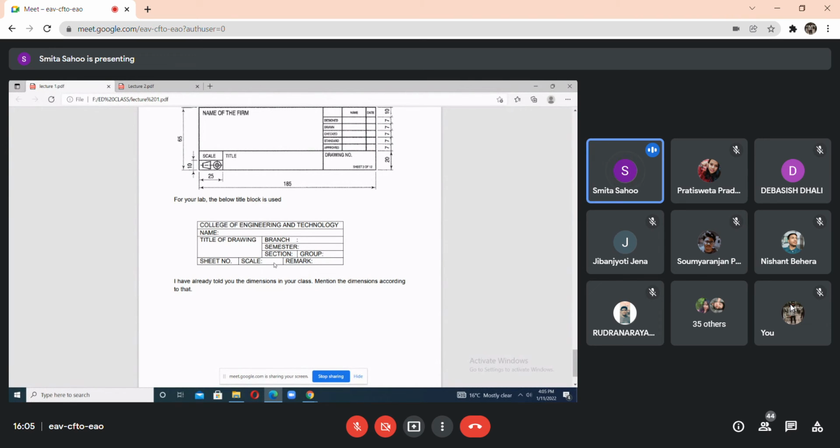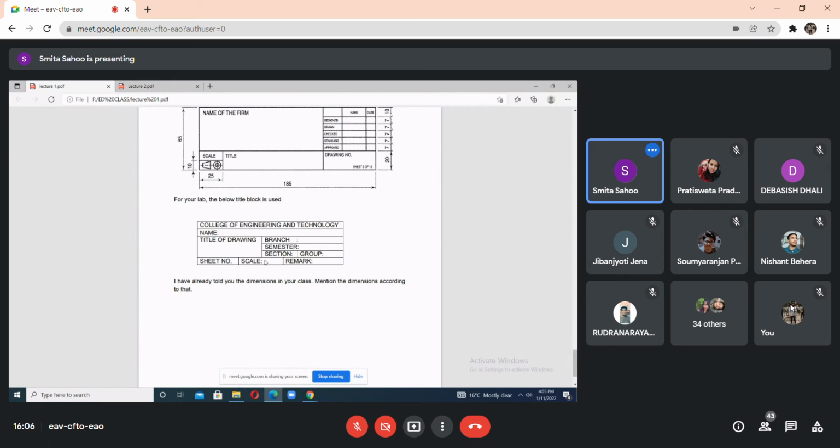Now scale, as you know, for some of the sheets it will be 1:1 if you're taking the actual size. After that we'll go for scale, and you'll be explained about the scale, but what it is representing here is the relation between the actual dimensions and the dimensions you are applying on the drawing sheet.